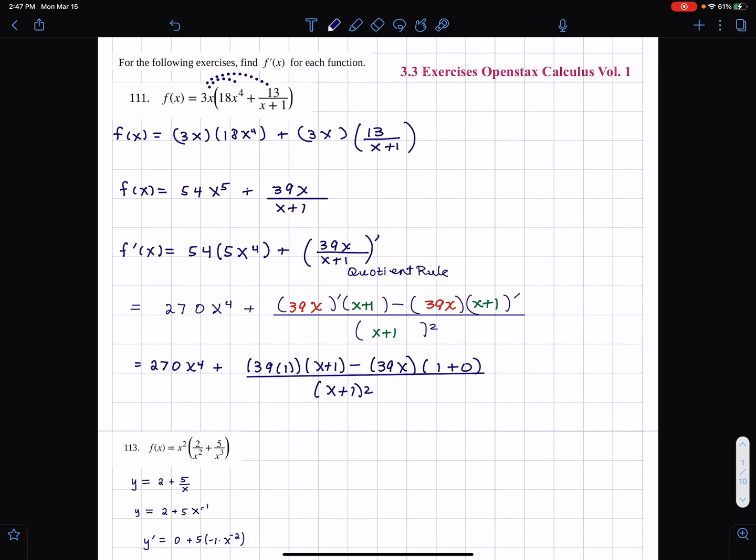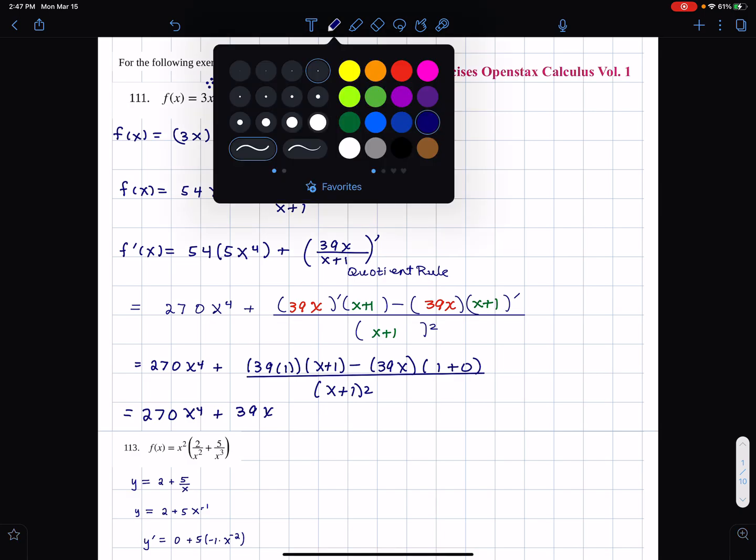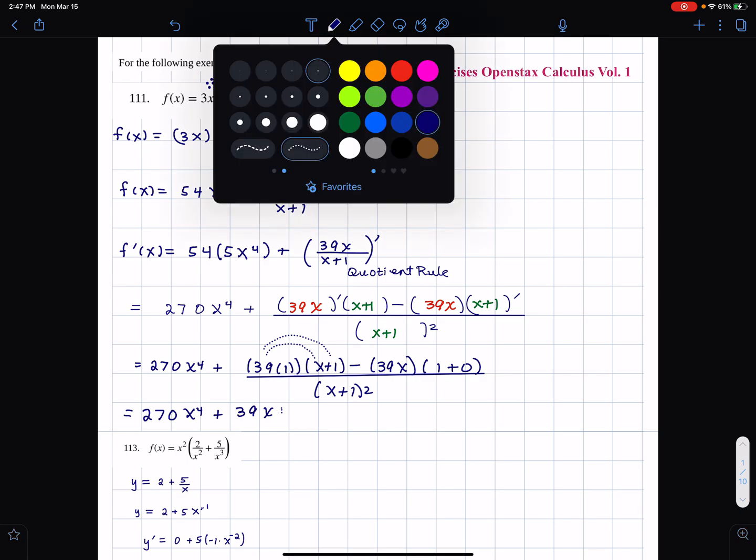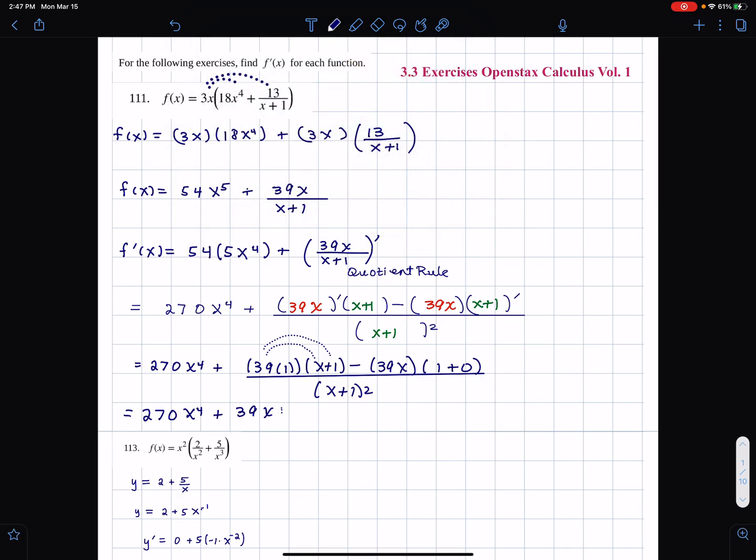So I have 270x to the 4th plus, over here I'll use the distributive property. So it's 39 times x, and then 39 times 1, which is 39, minus 39x.